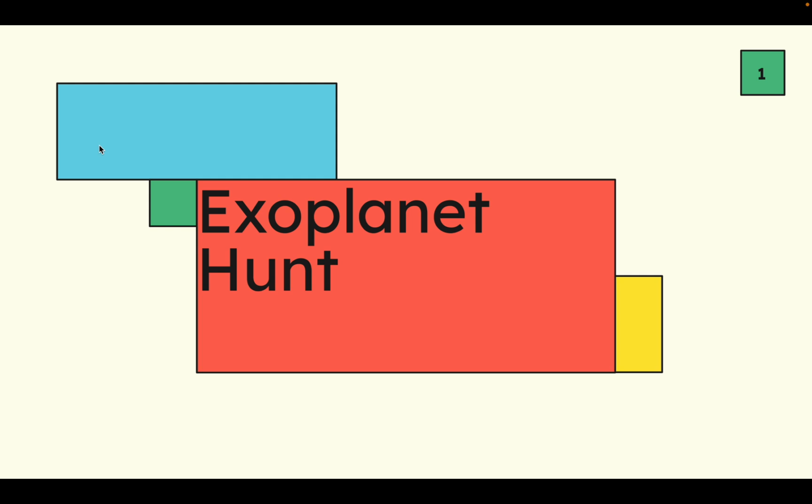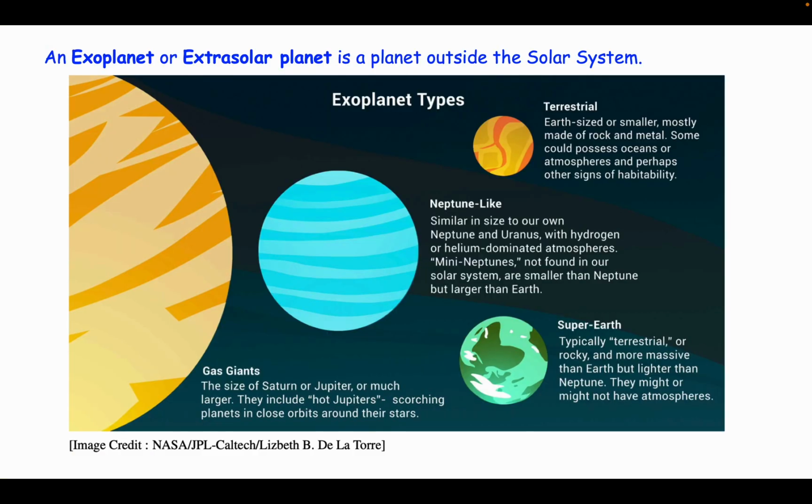So yesterday our lecture was about the exoplanet hunt. We have read that there are broadly four types of exoplanet: terrestrial exoplanet, super-Earth exoplanet, Neptune-like exoplanet, and gas giant exoplanet.